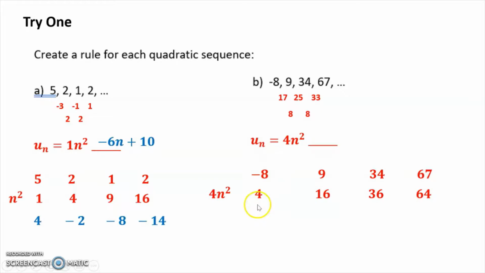And now you see what you need to do to make the 4n squared sequence become the one we need. In this case, minus 12, minus 7, minus 2, and 3. So that linear rule for this is 5n minus 17. Why? The slope here is 5. It goes up by 5 every time. And if you go back to term 0, negative 17. Great job.